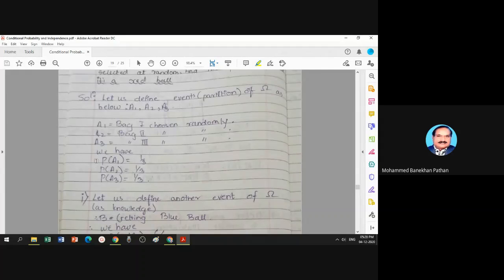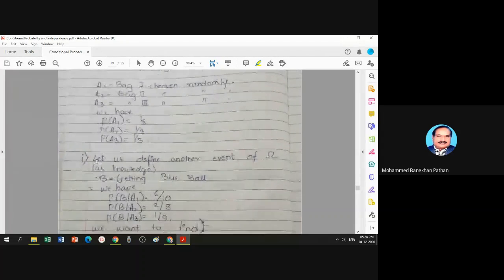So the probabilities of selecting bag 1, bag 2 and bag 3 are 1 by 3 respectively. It gives an equal chance for every bag because my selection is random. There are 3 bags, I pick only one, so the chance is 1 by 3.